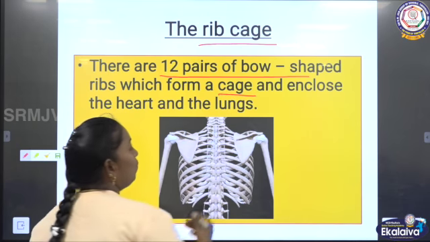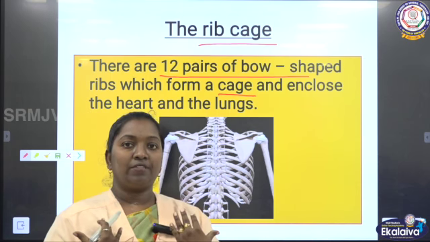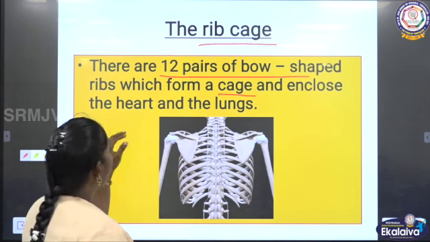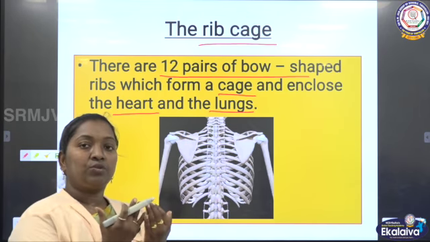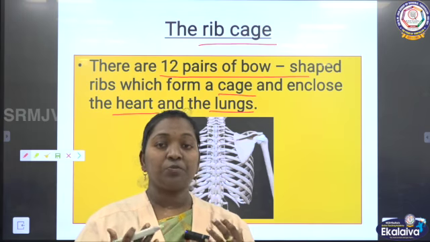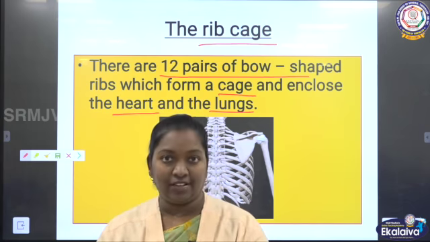If you look at the front portion of the body, it is covered by the bone called the ribcage. It encloses the heart and the lungs. So through the ribcage bone, the important internal organs of our body are protected. The names of these organs are heart and lungs.